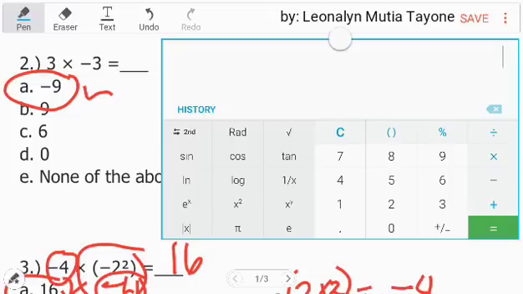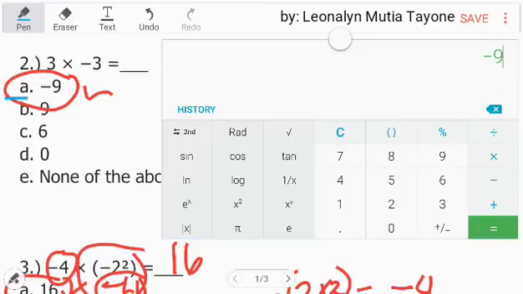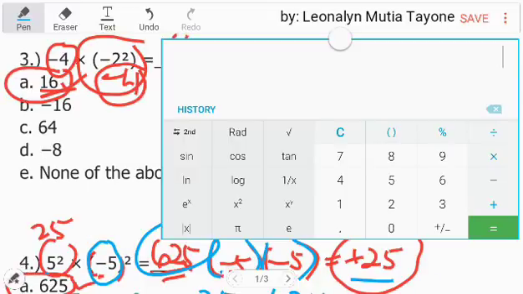Next, number 2. 3 times negative 3. Let us erase this first. So, the answer here is negative 9. Letter A. Correct. Number 3. Negative 4 times negative 2 raised to 2. Let us erase this first. So, it is the same now.